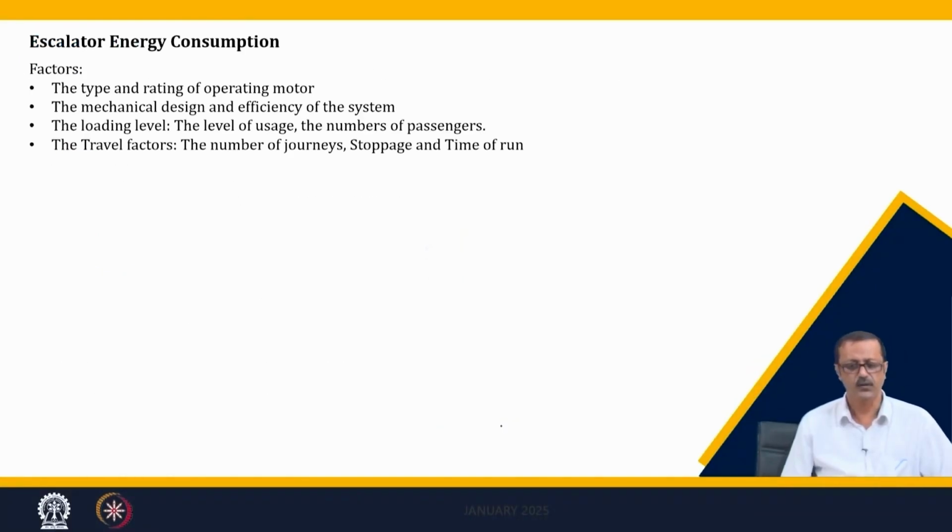Now, how can I find out the energy consumption per day? Again, we have to look at some things: the rating of this motor, the mechanical design efficiency, the landing levels, the travel times, the stoppage times and all.